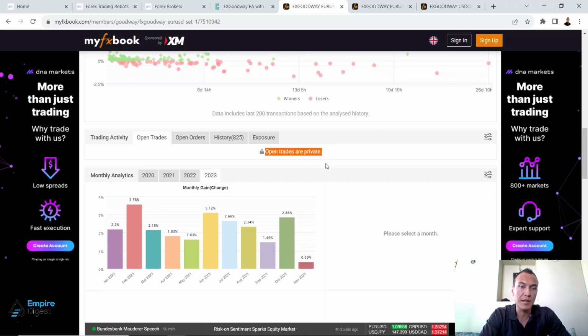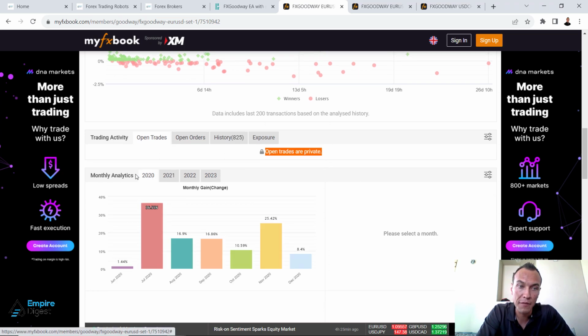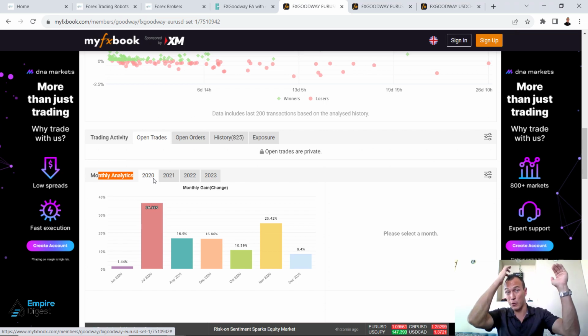Okay, next, very important, is the monthly analytics. What is the history of this forex trading robot? How long has it been trading? Because I want to make sure that it went through volatile situations, ups and downs within the market. My personal opinion before I invest in a forex trading robot, and I've done this before, is I look at a trading history of anywhere from 3 years to 5 years and upwards.